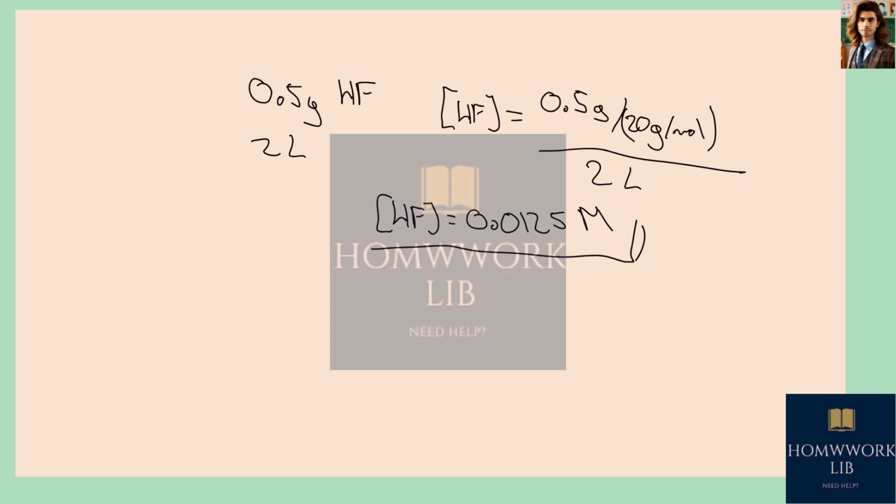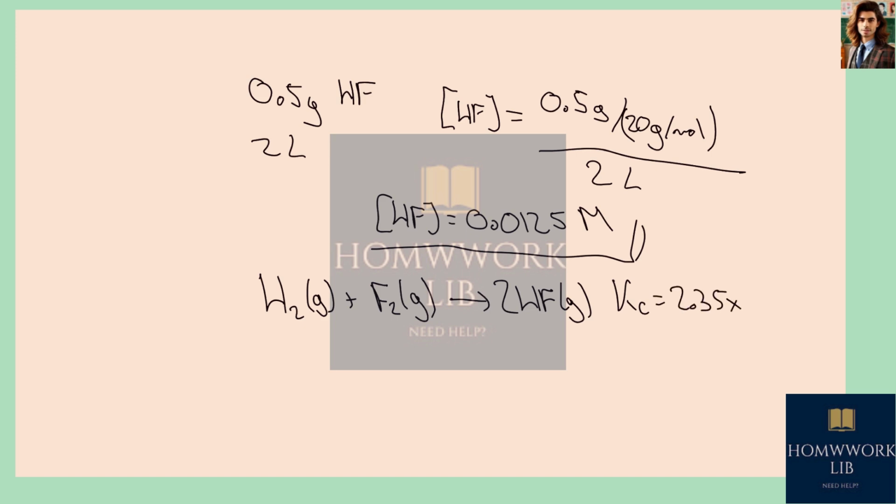Now, we're going to look at the reaction H2 in gas phase plus F2 in gas phase. This is going to produce two equivalents of HF in gas phase. And we are told that the Kc is equal to 2.35 times 10 to the 3 at 298 Kelvin.